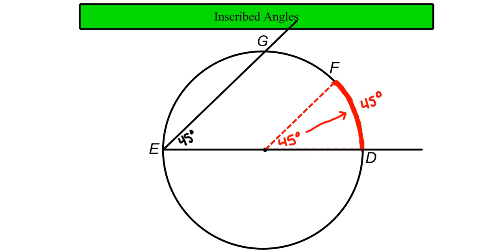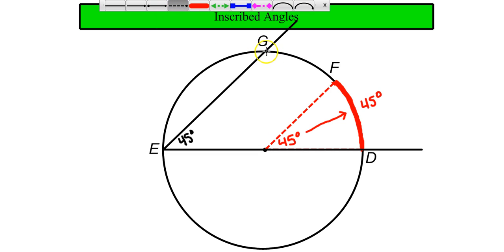So what we want to look at is what happens to the arc that it projects to, or the arc that is intercepted by this inscribed angle. The central angle, as we talked about before, projects to an arc that has the same degree measure. But when we take that vertex and drag it out, we increase the measure of that arc. You can kind of tell what's going on here.